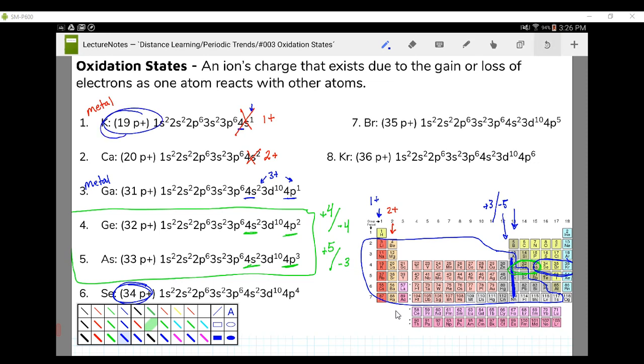It's such a big increase that it's going to require a tremendous amount of energy to remove all 6 of these electrons. And because it has so much attraction, it can easily compensate for the extra repulsion of adding just 2 more in. So it's going to gain those 2 electrons, which is going to give it an overall -2 charge.